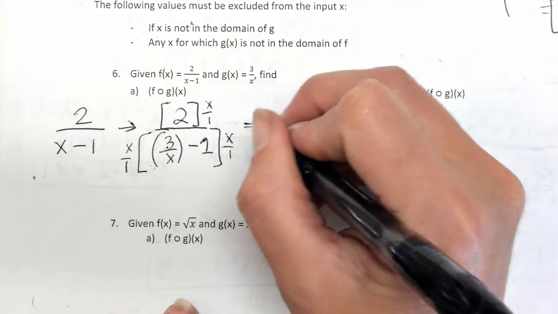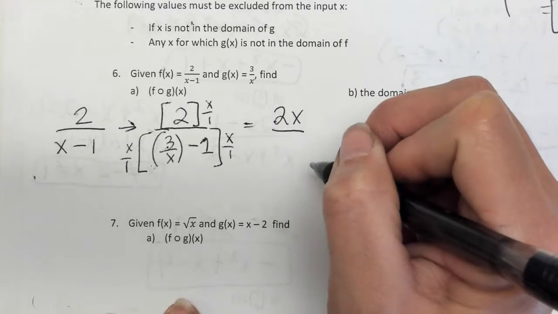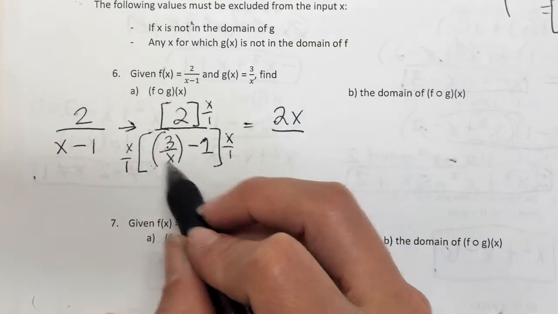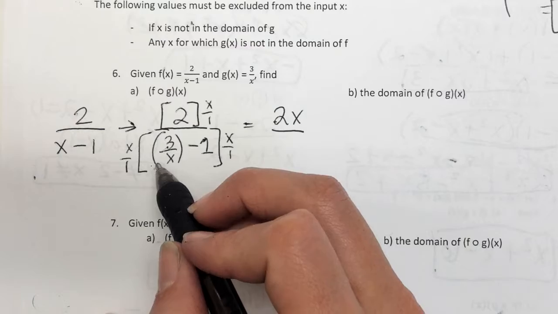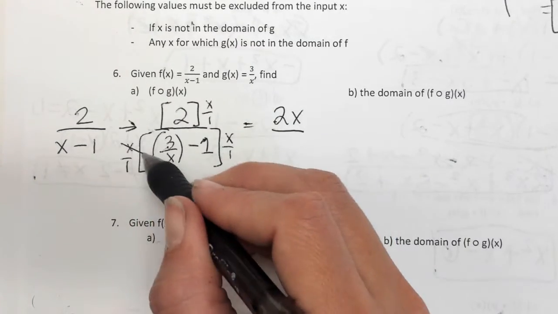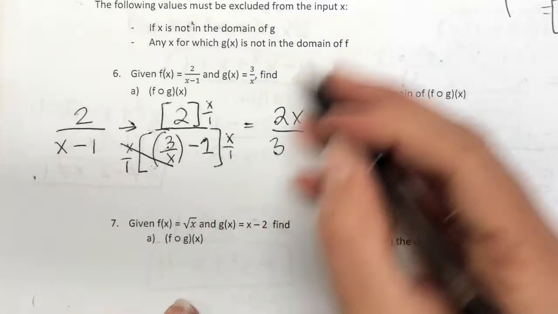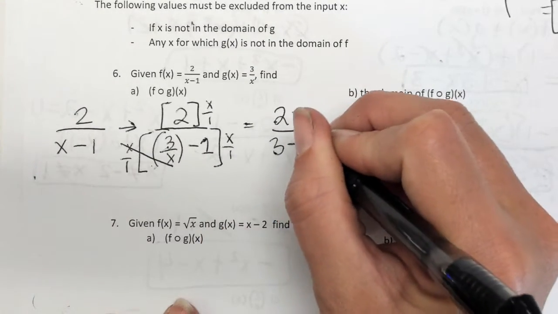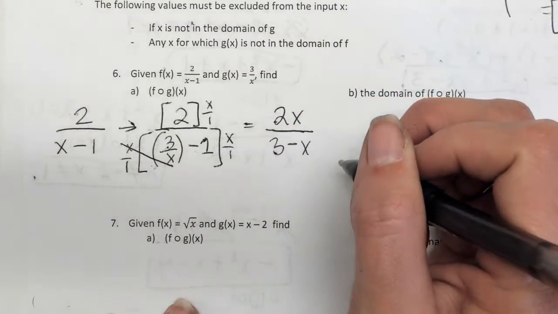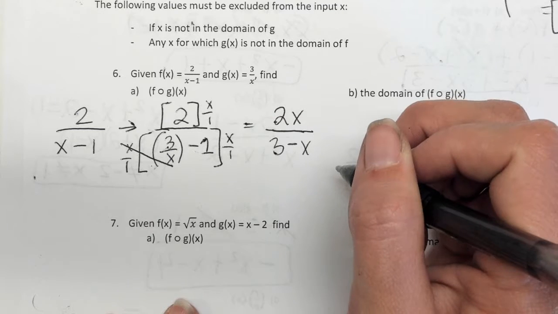So on top, I'll get 2x, 2 times x. On bottom, notice how these x's will do what? Good, they'll cancel out, and we'll just have 3, and then negative 1 times x would just be negative x. Good.